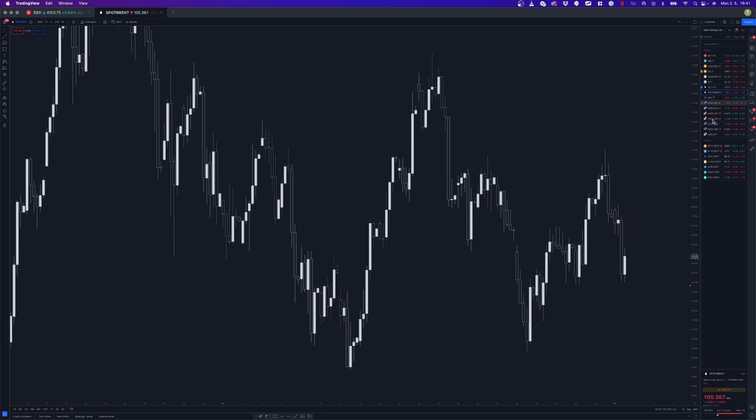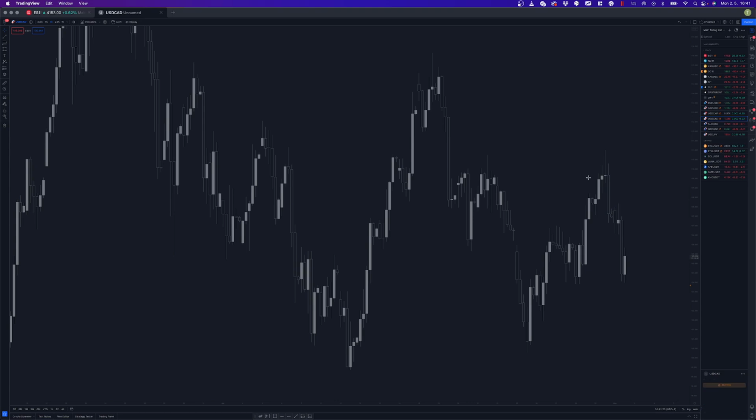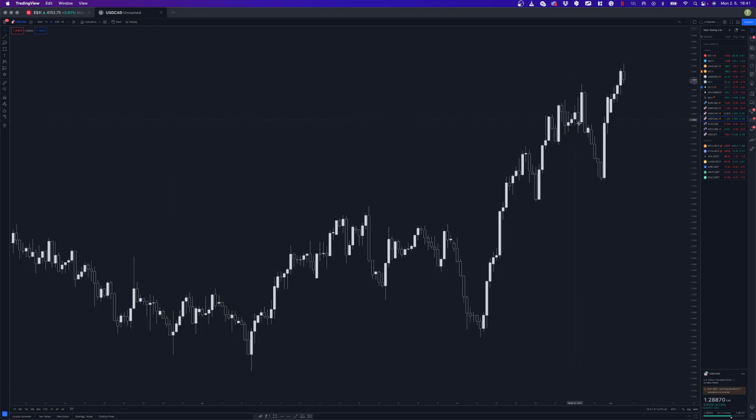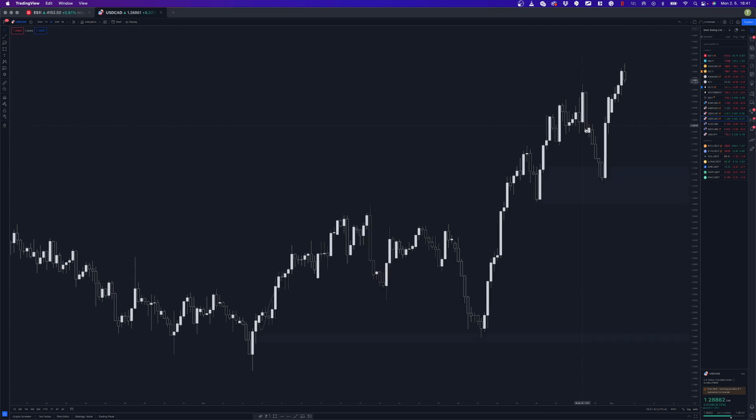You can see here on the USD CAD example, if you take a look on H4, you have two days to prepare yourself for a trade.